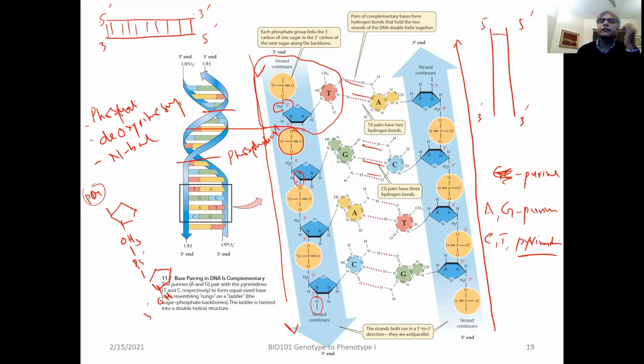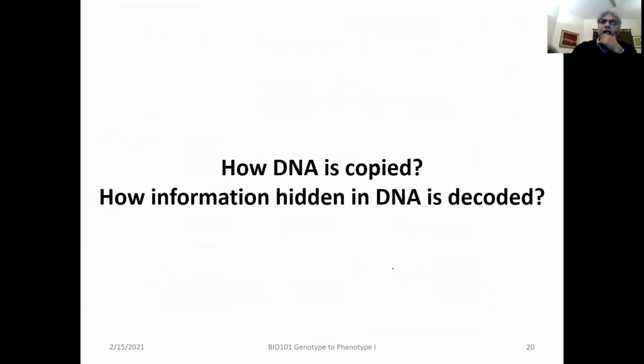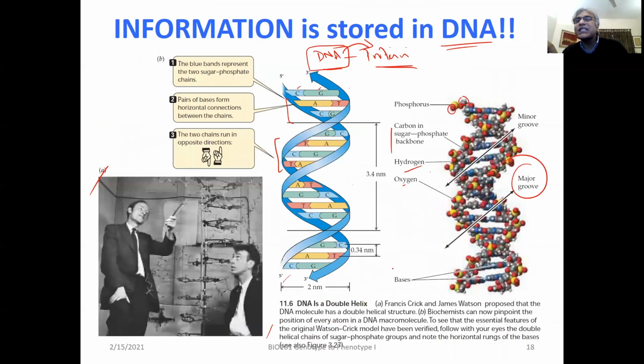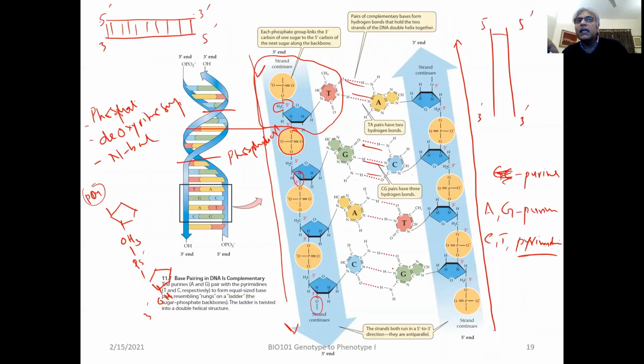So we said information is stored in DNA. This is the structure of DNA, or how DNA elongation takes place.